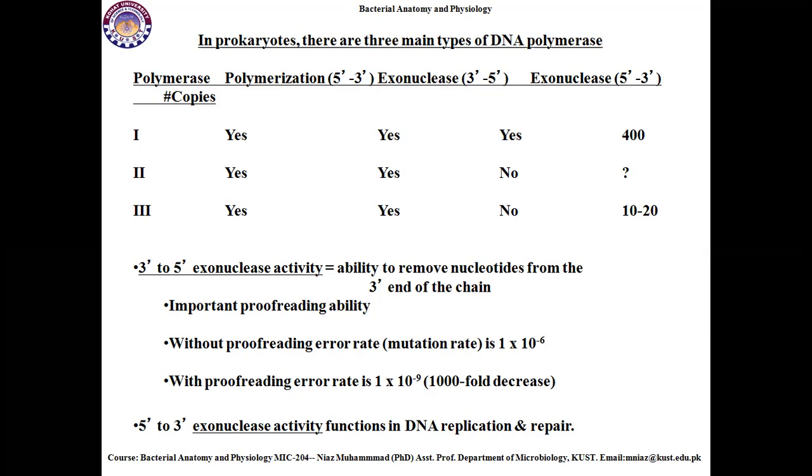DNA replication is controlled by our DNA polymerases and exonucleases, exonucleases 5 prime to 3 prime as well as 3 prime to 5 prime.